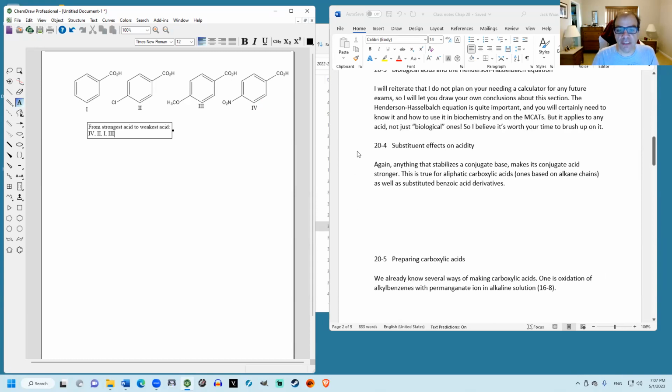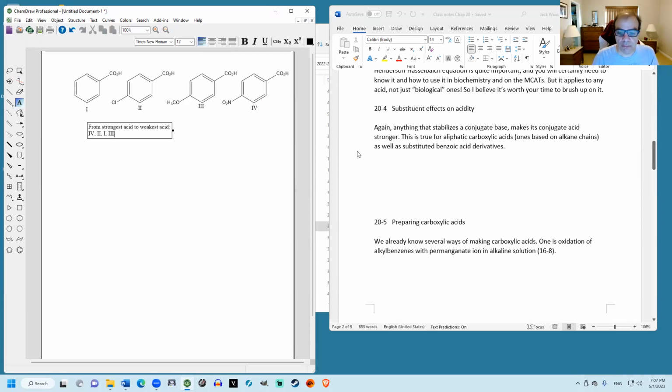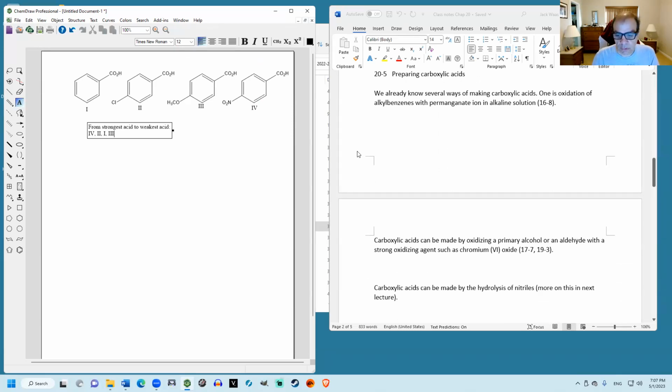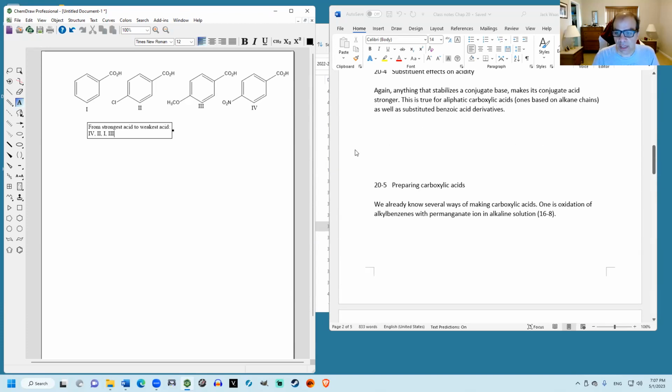It's essentially chapter 20, section 4. We talked about some ways of making carboxylic acids. We already talked about one of them, oxidation of alkyl benzenes with permanganate ion.